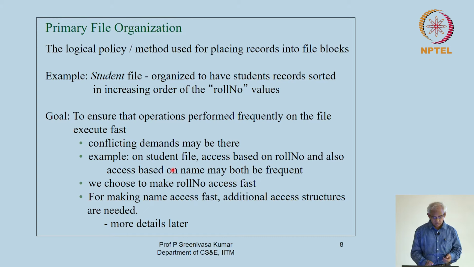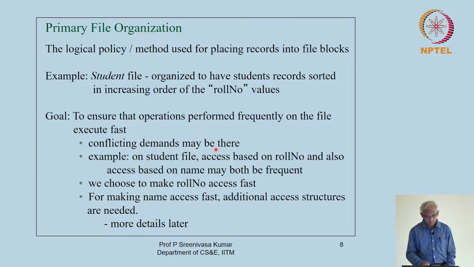So if you now say that my access to the student records by roll number and by name are both frequent, and I would like this organization to be such that both of them are pretty fast, then in some sense it's a conflicting kind of data access. If you choose to make roll number access fast, then the access based on name might be slow.